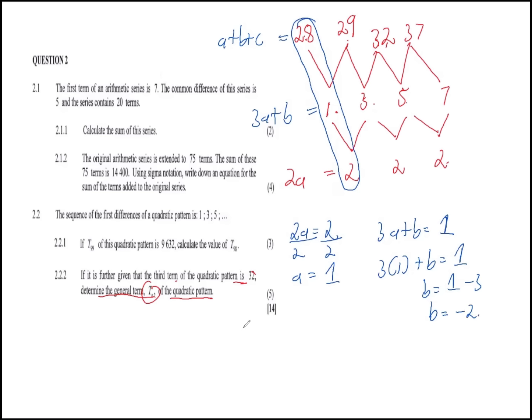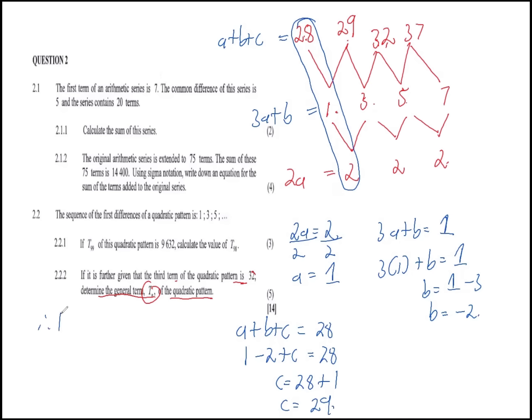Now for c, I have a plus b plus c is equal to 28. So that's 1 minus 2 plus c is equal to 28. 1 minus 2 gives me negative 1, so c will be 28 plus 1. So c is equal to 29.